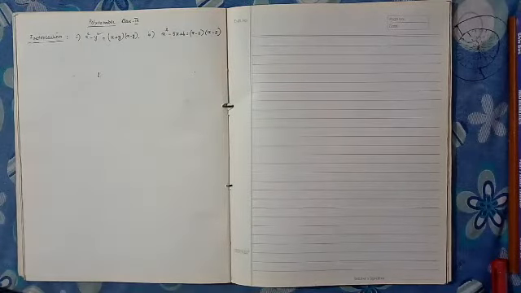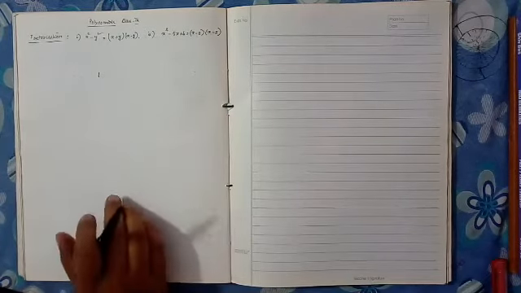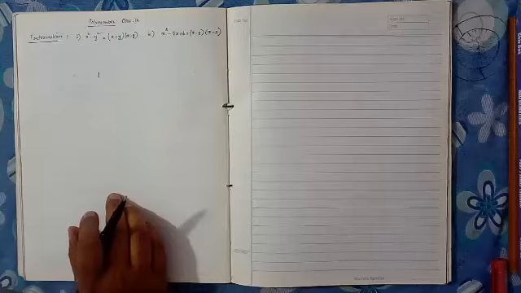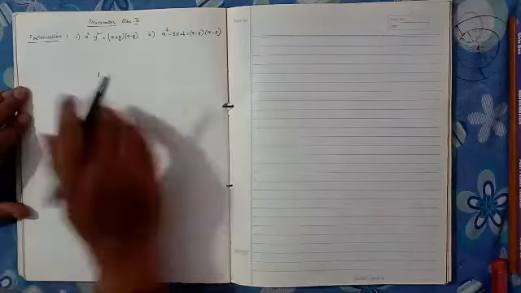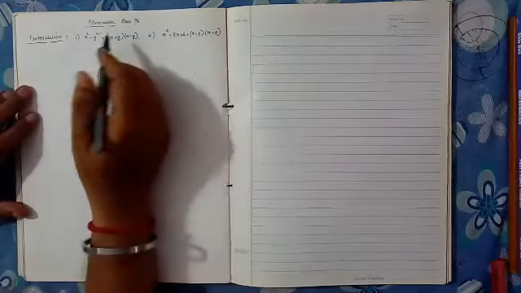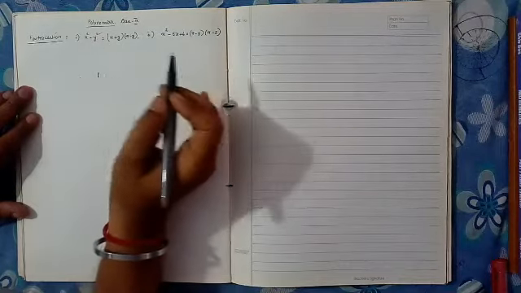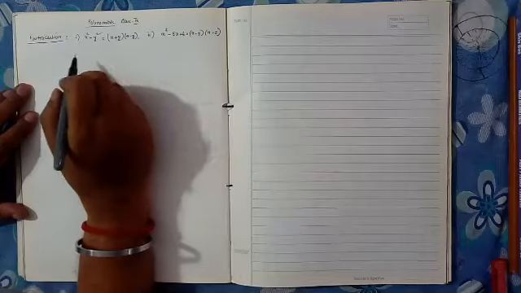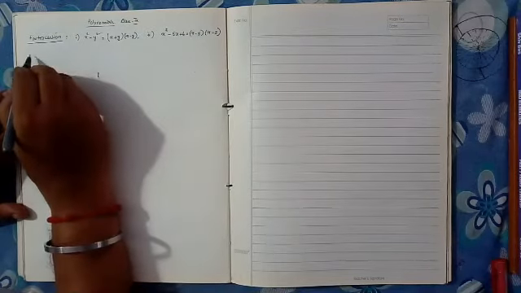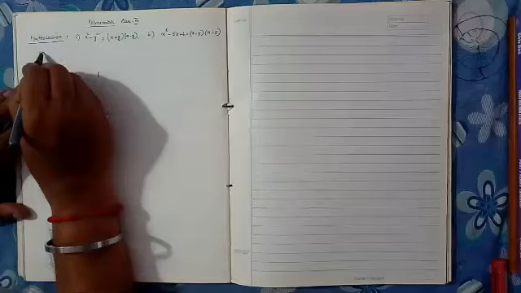When we factorize, we follow certain algebraic identities. Now here I am giving you some algebraic identities.